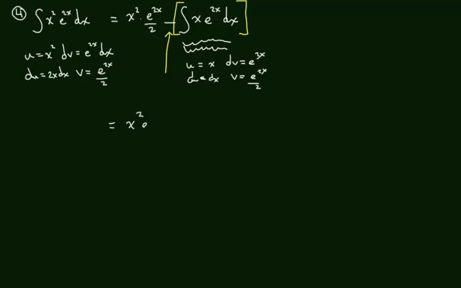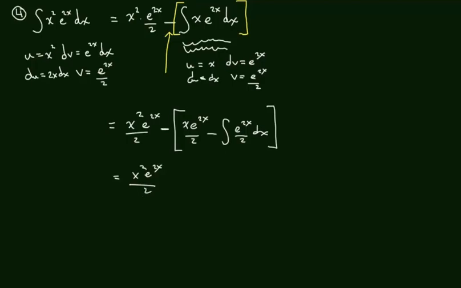We have x squared e to the 2x over 2 minus bump business: x e to the 2x over 2 minus the integral of e to the 2x over 2 dx. Distribution is critical. So x squared e to the 2x over 2 minus x e to the 2x over 2. The negative and negative become a positive integral of e to the 2x over 2 dx.